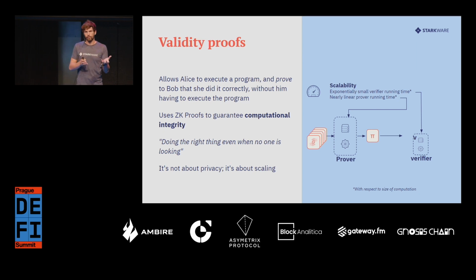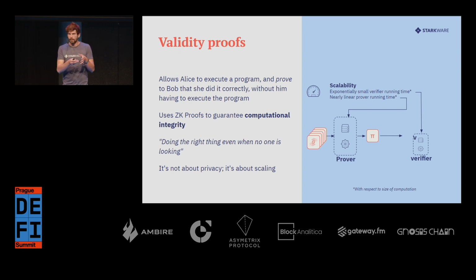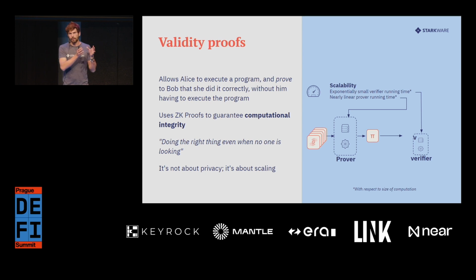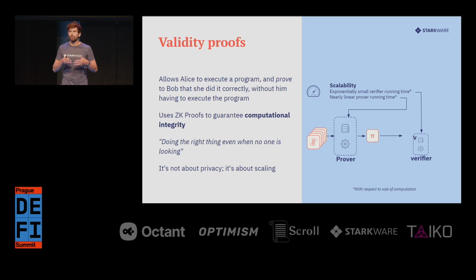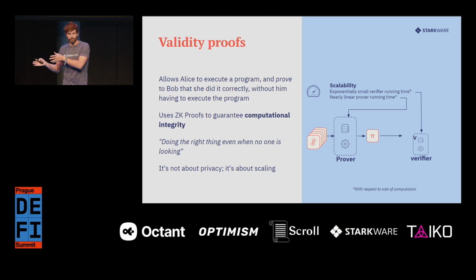They allow one person to run a program and generate a proof of execution of that program, meaning they run their program, they get the output, and they also get a proof. This proof is like a value, a number, and by sending this proof and the output to another person, this other person can put these two elements in another mathematical instrument and verify that the program was executed correctly and that indeed it yielded that output.